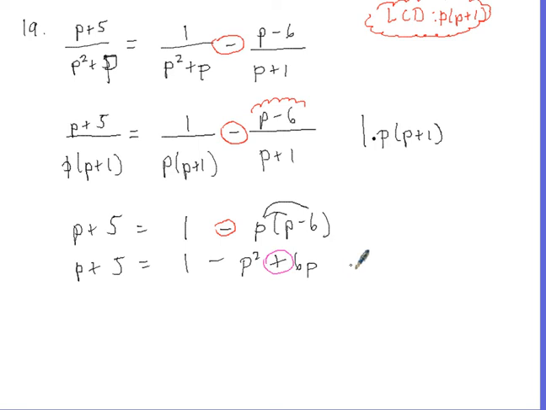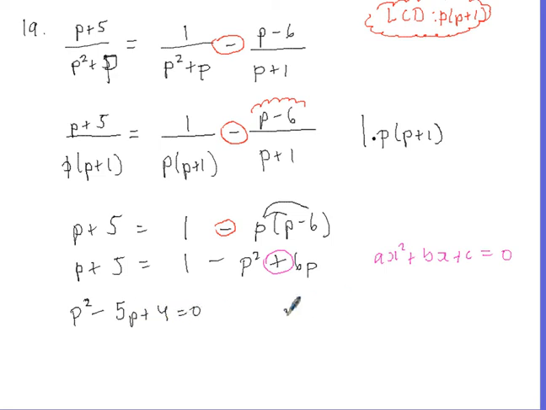You can notice that this is a quadratic expression. What you'll want to do is rewrite it in the standard form, where everything is on one side equals to 0. And so if you do that, you get p squared minus 5p plus 4 equals to 0.